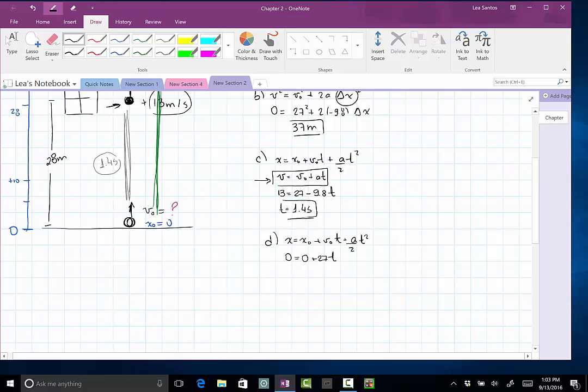Time is what I want to find. The acceleration is minus 9.8 divided by 2 t squared. This looks like a quadratic equation, but I can cancel time and I can find this total time. So this total time, if you solve this equation, should give you 5.51 seconds.